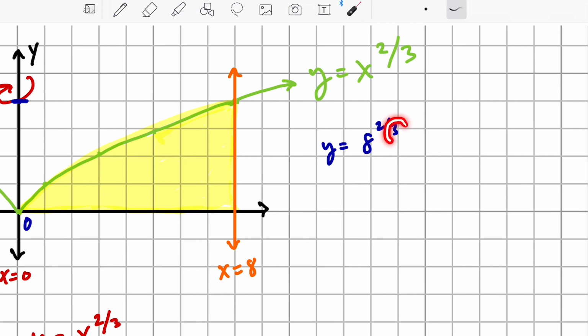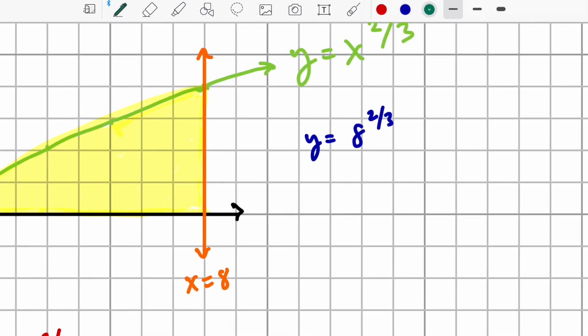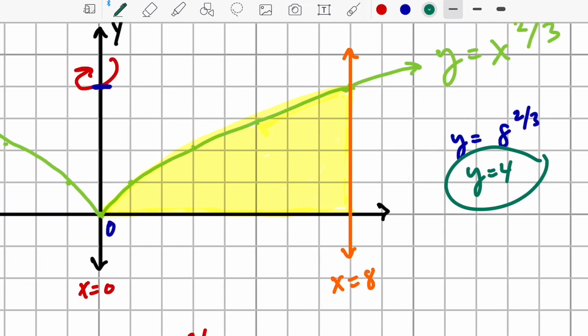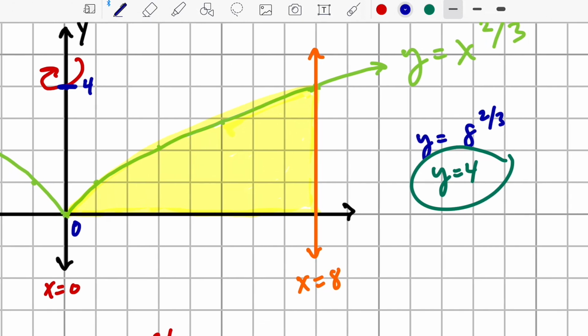I like to do this first. This means take the cube root of 8, and then square the result. The cube root of 8 is 2, and if I raise it to the second power, I get 4. So my limits of integration are from 0 to 4 once again.